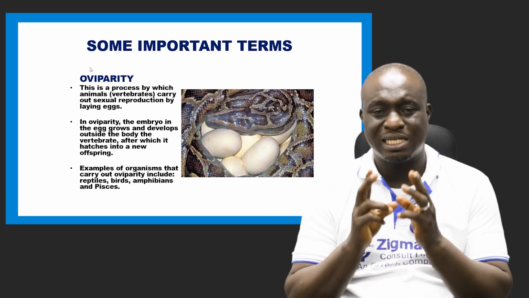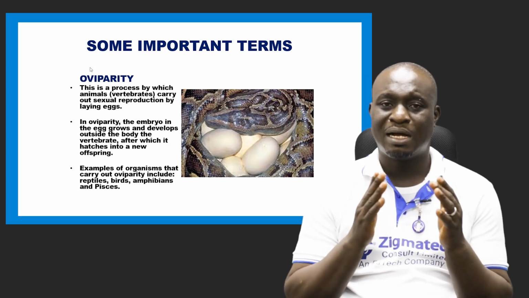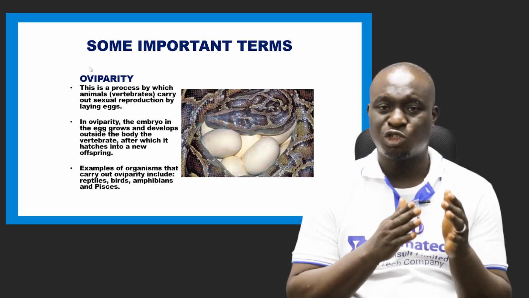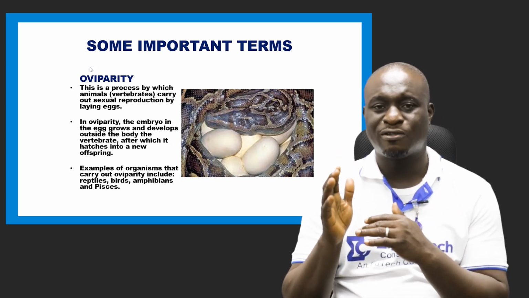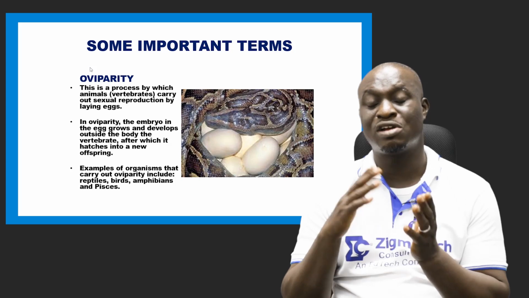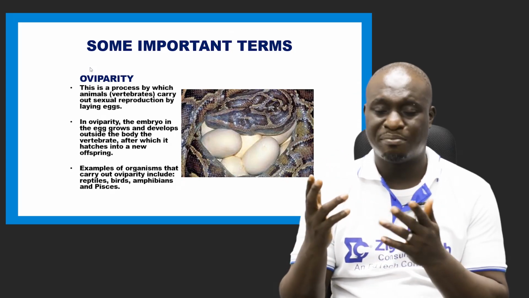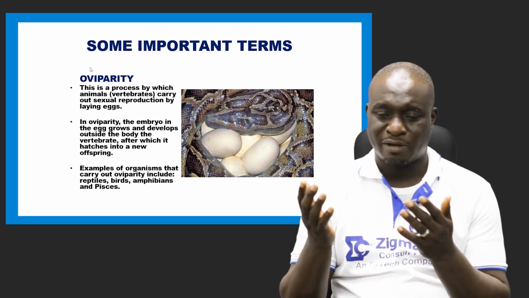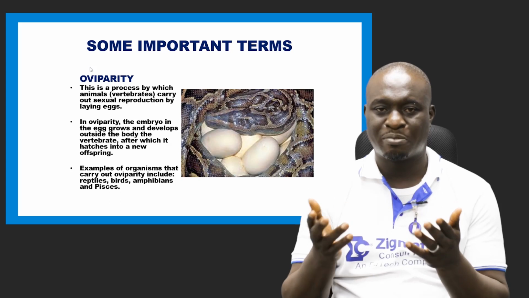Please take note of this. These are important similarities between the egg of a catfish, which stays in water, and the egg of a domestic fowl, a terrestrial organism. The first is that they are both produced by oviparity.